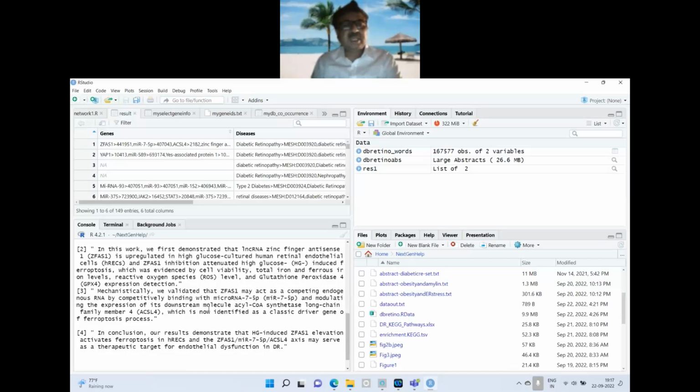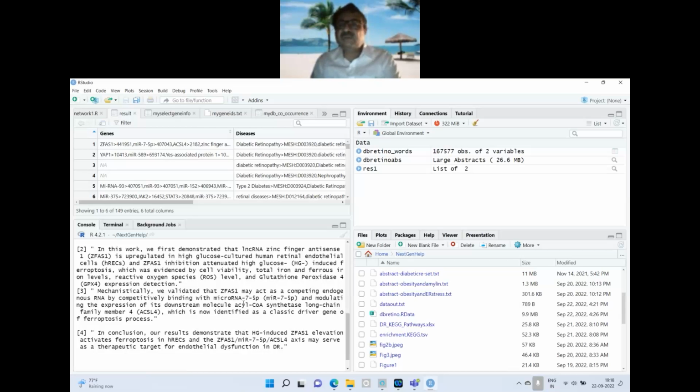They have done some validation. They say that ZFAS1 may act as a competing endogenous RNA by competitively binding with the microRNA. MicroRNA is also a regulator.